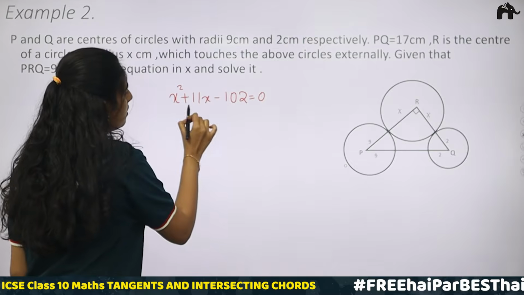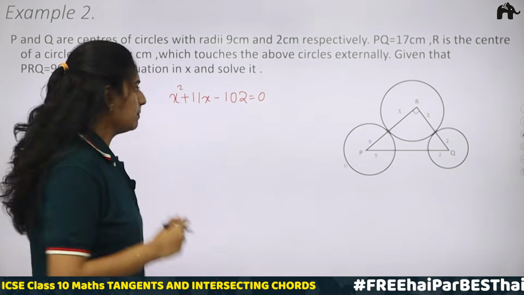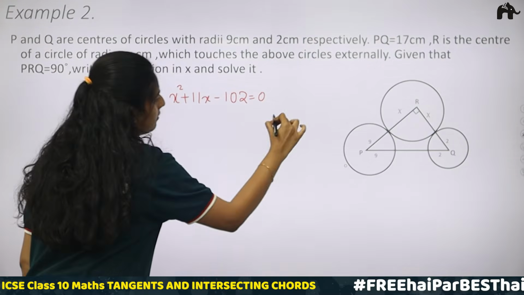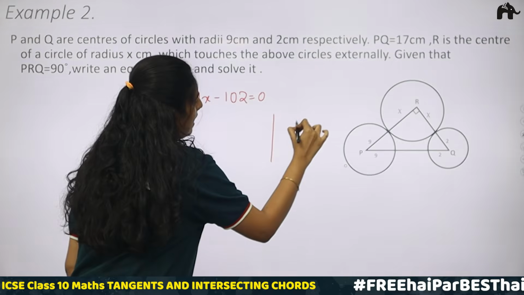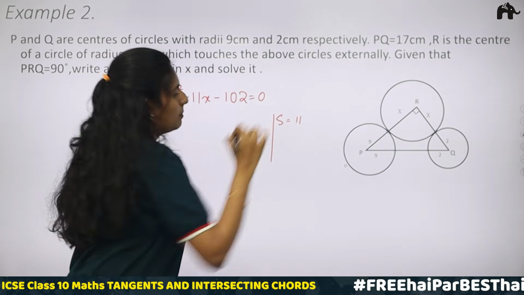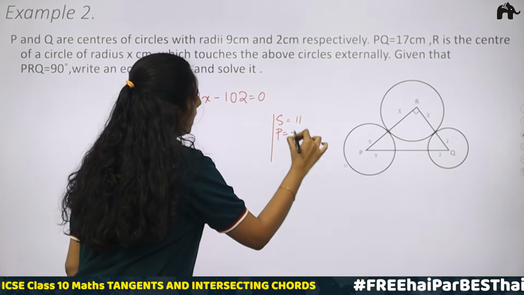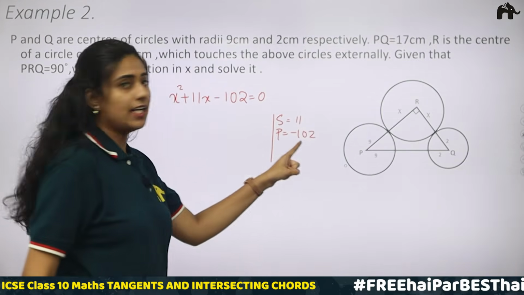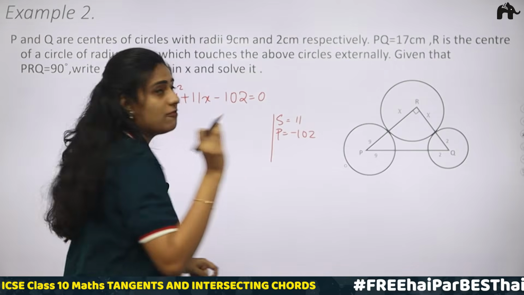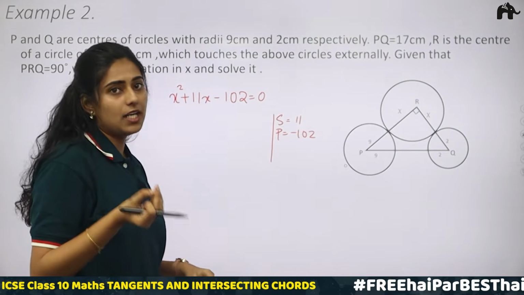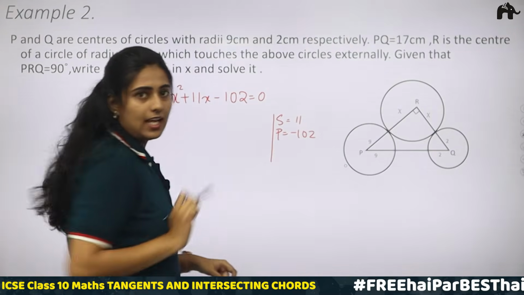Okay. Now we will perform the splitting middle term method. Here the middle term is 11, so the sum of two numbers should be 11 and their product should be equal to minus 102. When do we get a negative product? When one number is positive and the other number is negative. Only then will you get negative here.